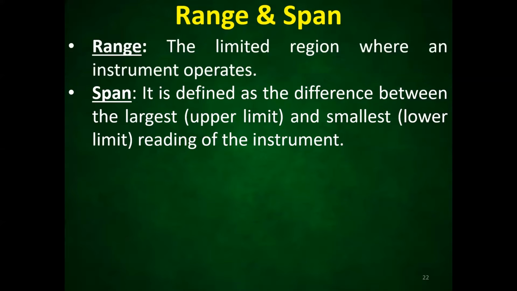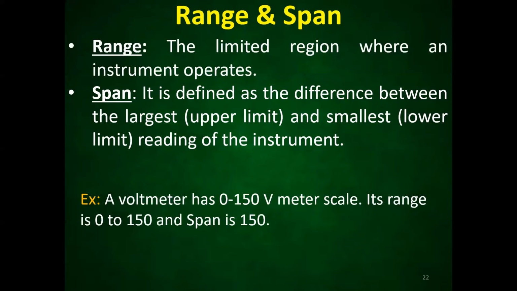Okay, so I hope it is clear. If it is not, then please look at this specific example. A voltmeter has a 0 to 150 volt meter scale. That is the scale. So what is its range? Its range is 0 hyphen 150, that means 0 to 150.